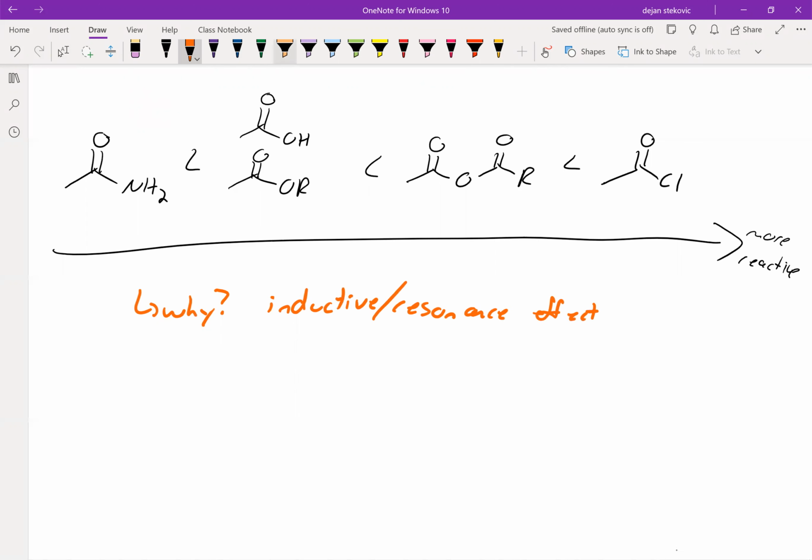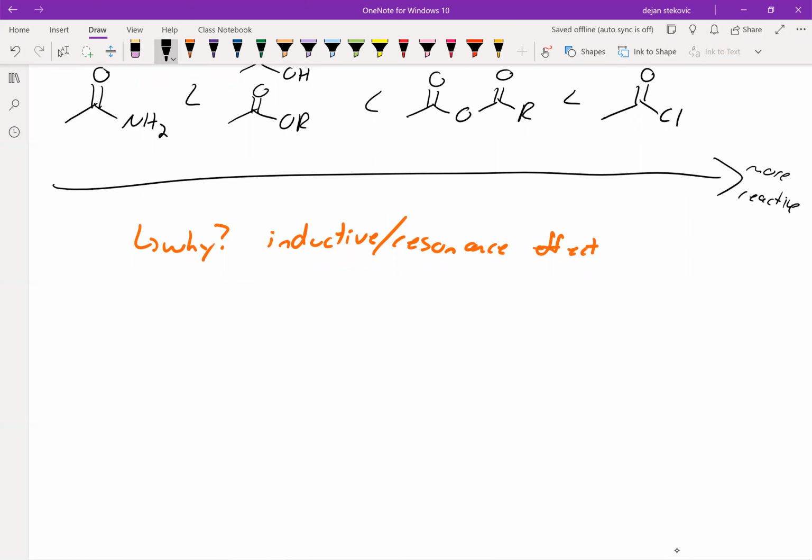Just some trends to point out, right? Notice that chlorine, when we learned about our electrophilic aromatic reactions, was a deactivating group. This was also a deactivating group, where these over here were activating groups. So that plays a role in it, but it's not the complete story. We're just not going to get into it because I think it's going to be more confusing than helpful.